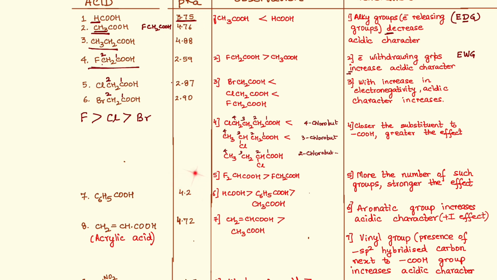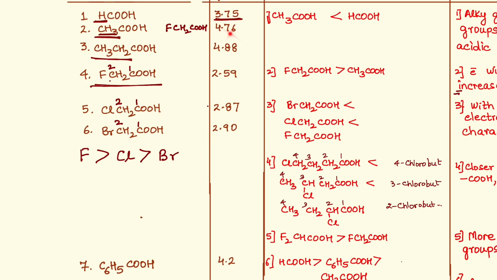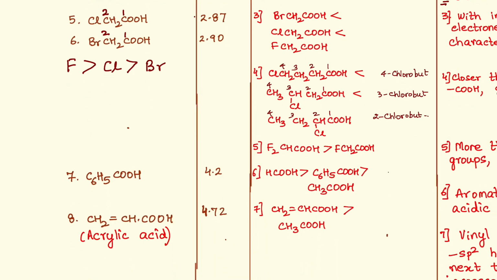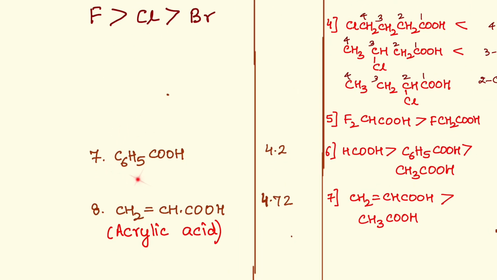But at the same time, when I compare this to acetic acid, so 4.76 is my ethanoic acid, whereas this is 4.2. So which one of the two is more acidic? Yes, our benzoic acid is more acidic, although we don't have the same number of carbon atoms. But just to give you an idea about how acidity of COOH group is affected by the presence of an aromatic ring.